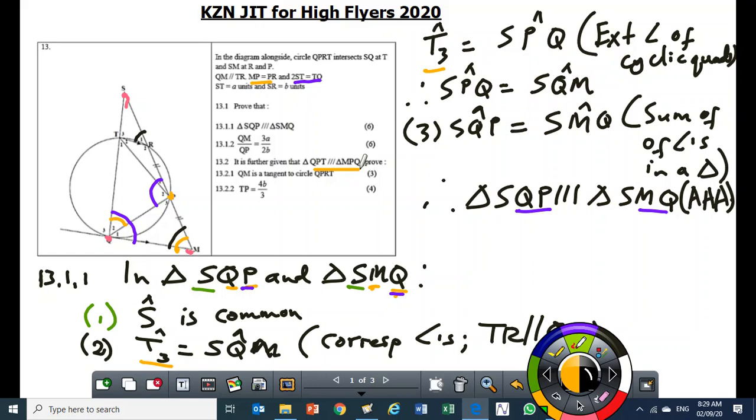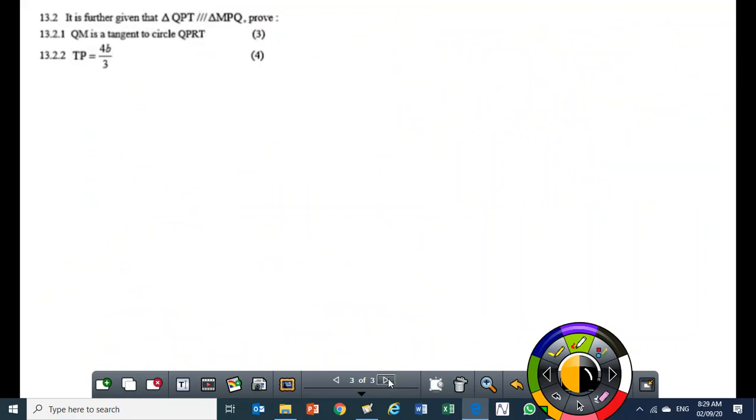So, all we need to do is, if we can prove that this angle here, that is Q1, is equal to angle T1, then we are done. Okay? Then we are done. Okay? So, let me bring that diagram. Okay, let me bring the diagram.